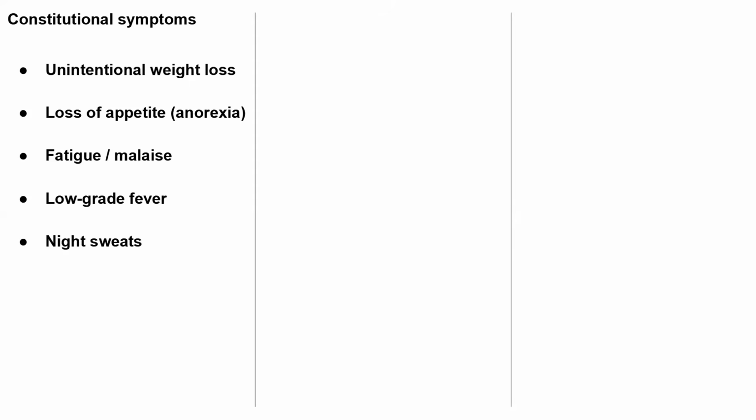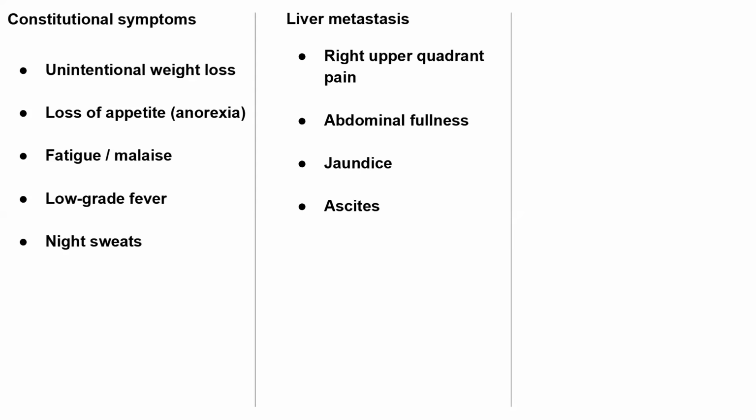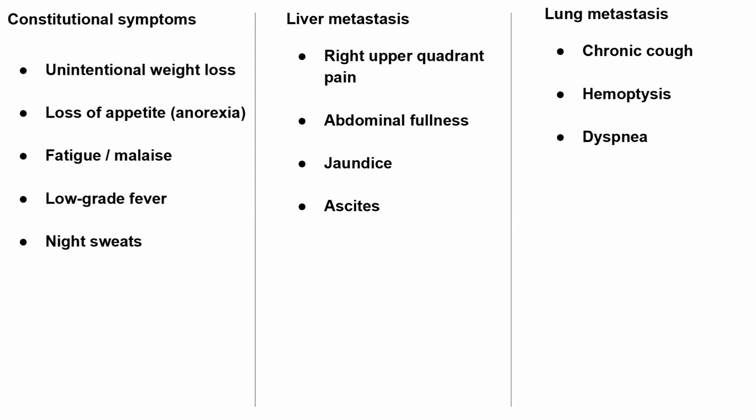To expand these, constitutional symptoms commonly found in a patient with metastasis include unintentional weight loss, loss of appetite, fatigue, malaise, low-grade fever, night sweats. Liver metastasis can cause right upper quadrant pain, abdominal fullness, jaundice, and ascites. Lung metastasis symptoms could include chronic cough, hemoptysis, and dyspnea.